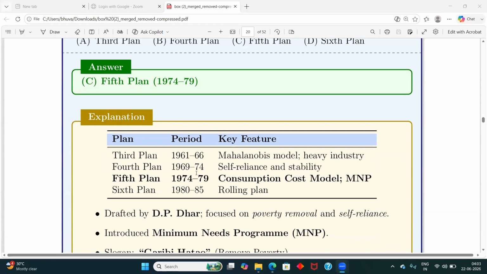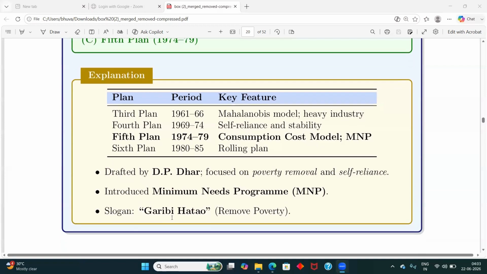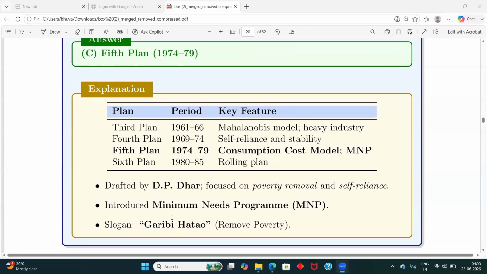Fourth plan 1969 to 74. Here the Indian economy thinks about self-reliance and stability. These are the key features of these five-year plans. Fifth five-year plan 1974 to 79, consumption cost model, and sixth plan 1980 to 85, also known as the rolling plan, drafted by DP Dhar, focused on poverty removal and self-reliance.